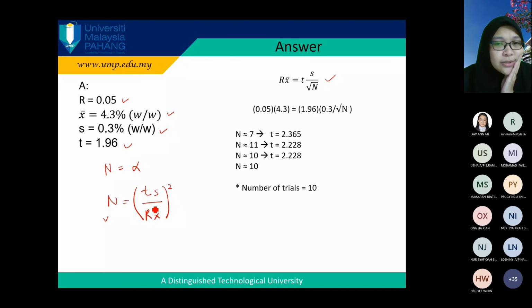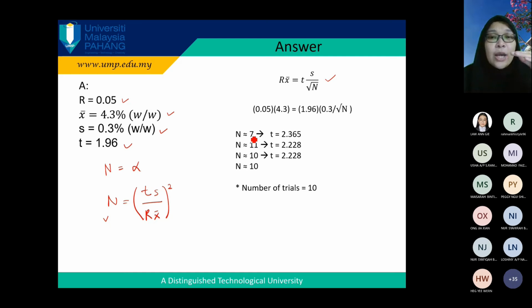The value of 7? 7.4, we assume that it is equal to 7. Okay, 7.4 kita ambil 7 lah. Now you already have n equal to 7.